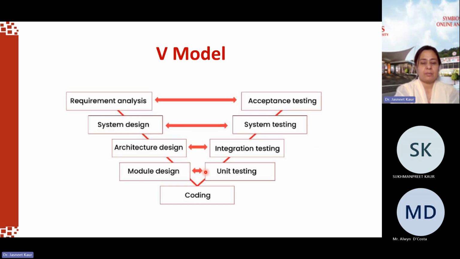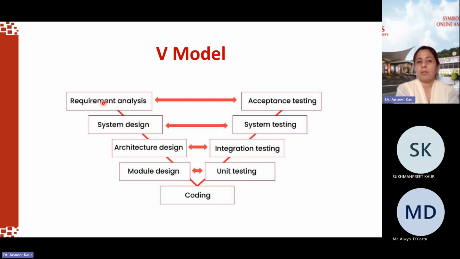That is the thing. Now, next is the V model. What is it? It's the same thing as the waterfall model; the basic steps are the same. However, how this model works: first phase is requirement analysis.